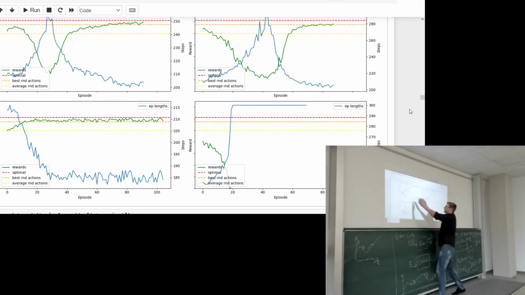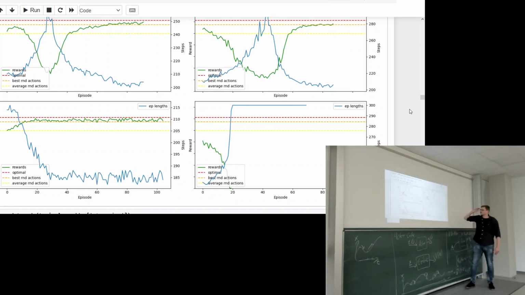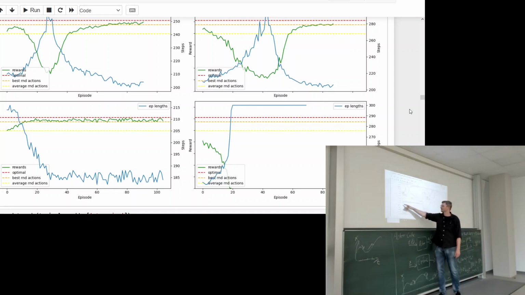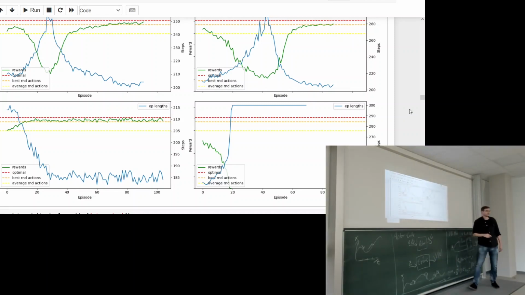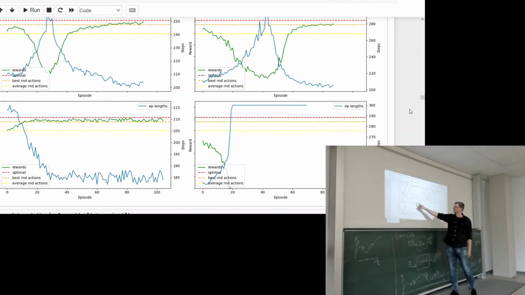So training time is on the x-axis. And we see that for some time here in the intermediate training, the agent is not really good at all, and then it gets better once again. Looks kind of similar for this one. This one is really good, made it work right from the beginning and just stuck with that, although still it's not hitting the optimum rewards, but it's only in between the orange and the red line.